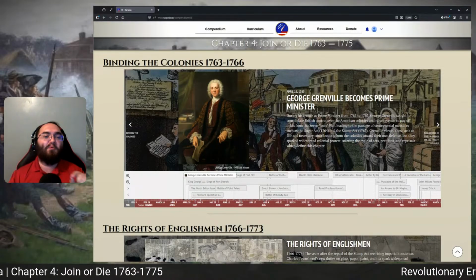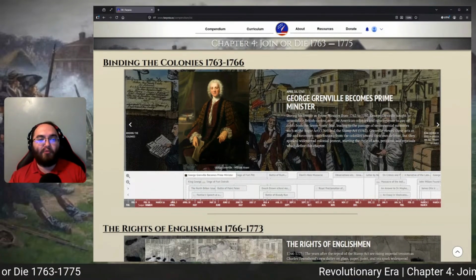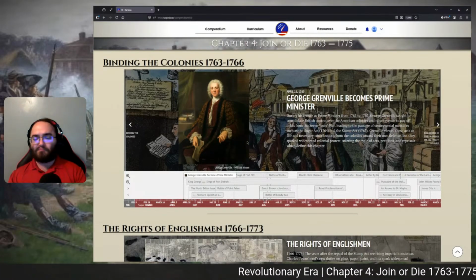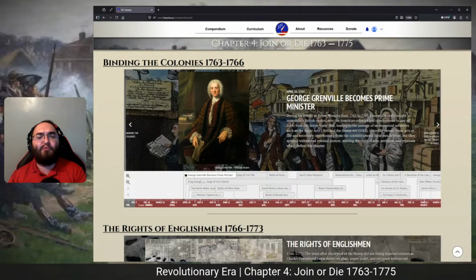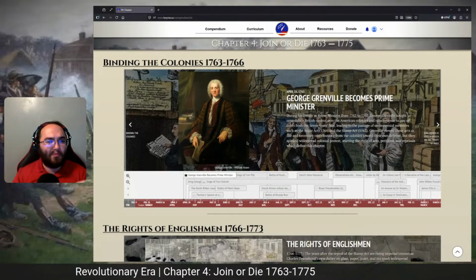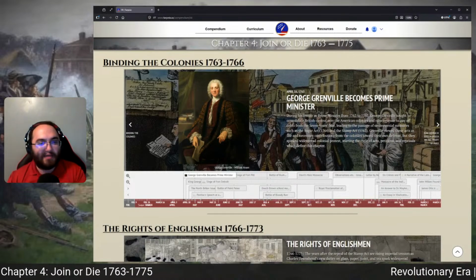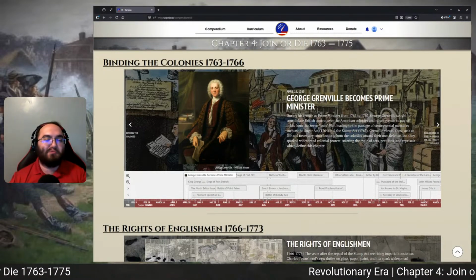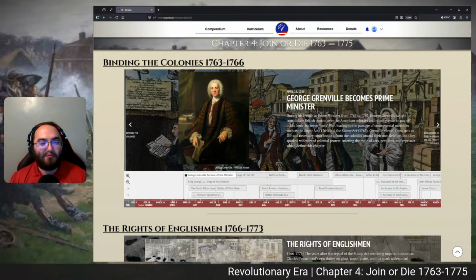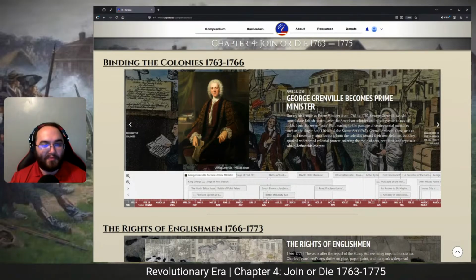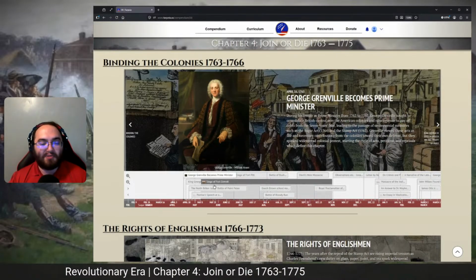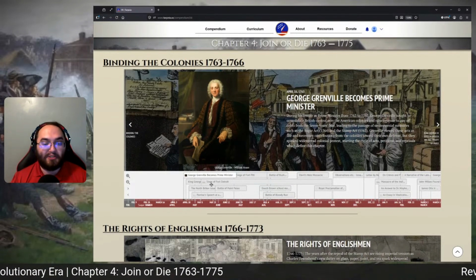Each prime minister will have their own perspective, their own policies they're going to try to implement, their own ideas of how to reconcile with the colonies, and also deal with the massive war debt that England has thanks to almost a century of non-stop fighting with the European powers, especially the cost of the French and Indian War.